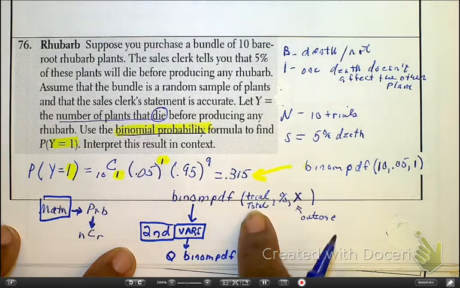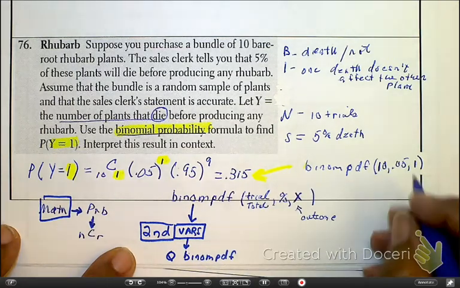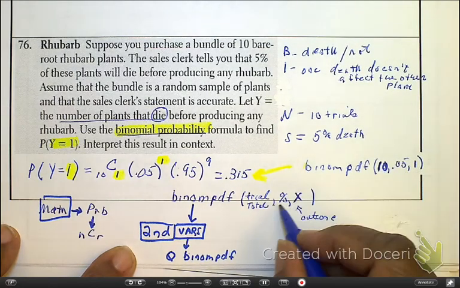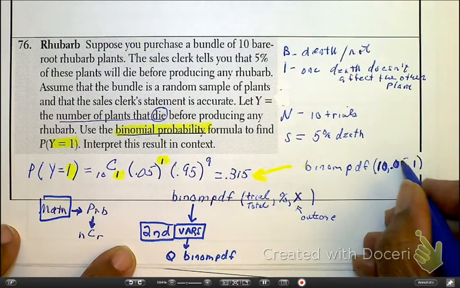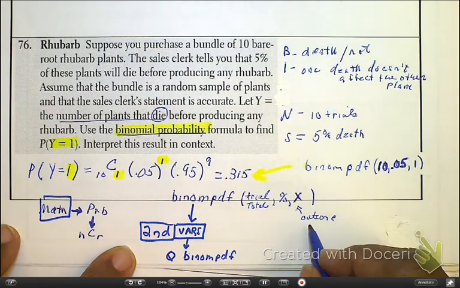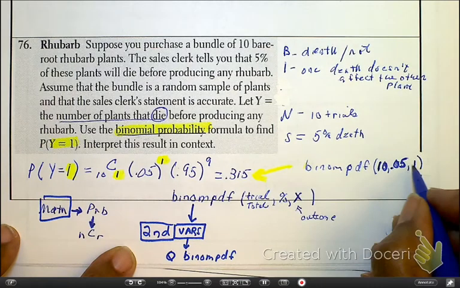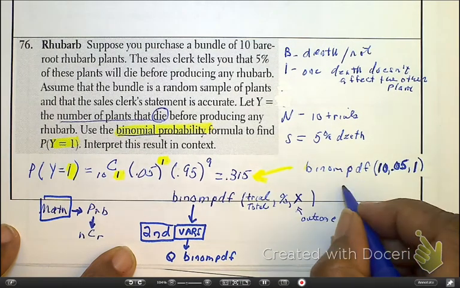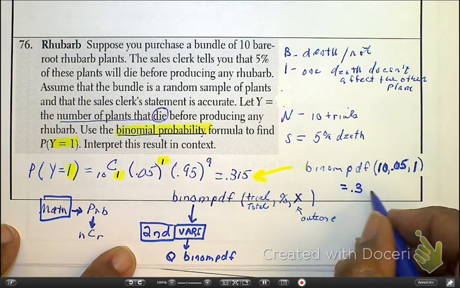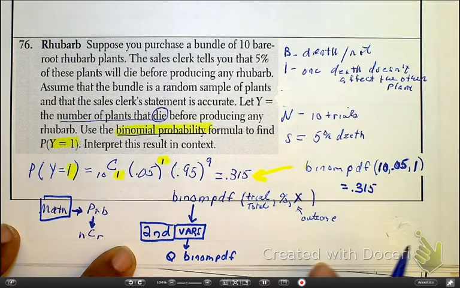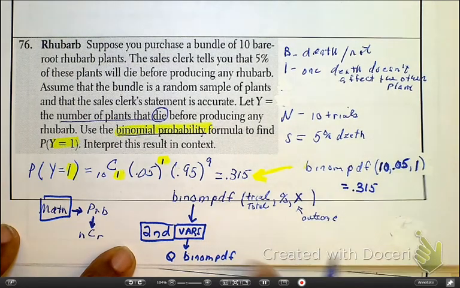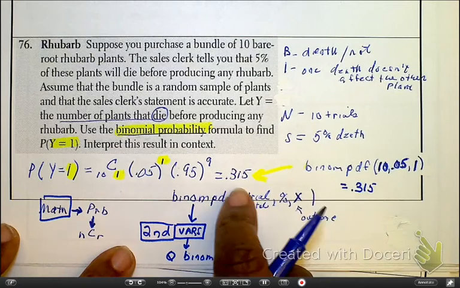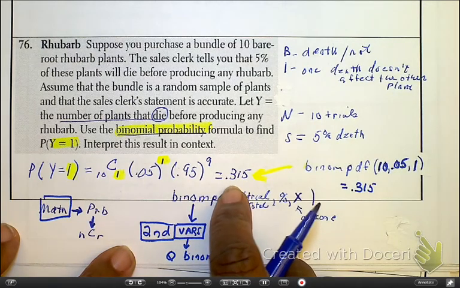You're putting in the total number of trials, which in this case is 10. You're putting in your probability of success, which right here is 0.05. And then here, the outcome that we desire, which is 1. And once you put it in, you're going to get the 0.315. Now remember, calculator talk only is not acceptable, and so we still have to show this work.